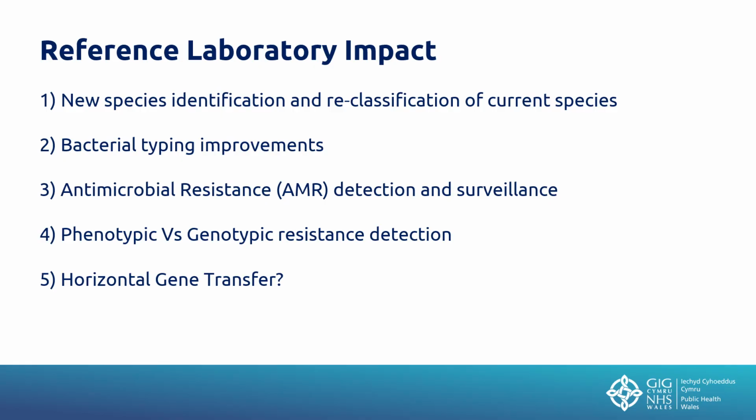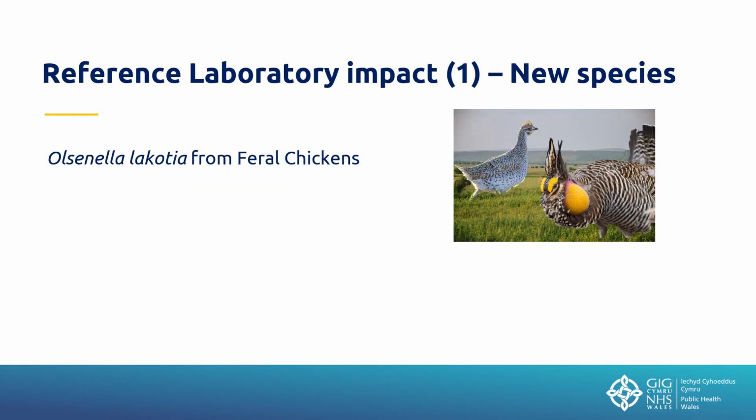There's the impact on detection of antimicrobial resistance and the surveillance that we do as well. And then there's the question of phenotypic versus genotypic resistance detection, and I'll mention a little bit about horizontal gene transfer as well.